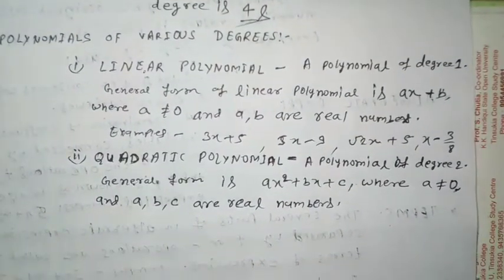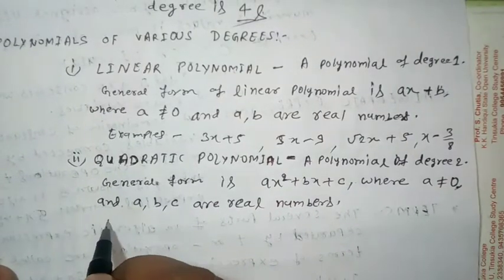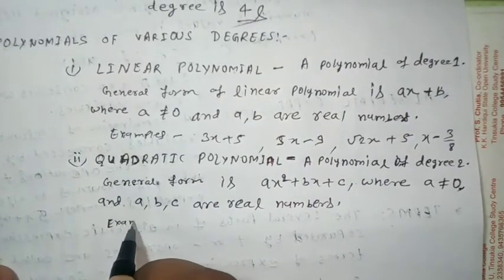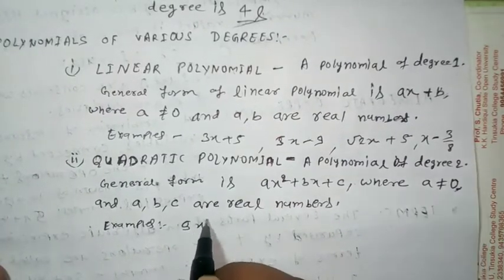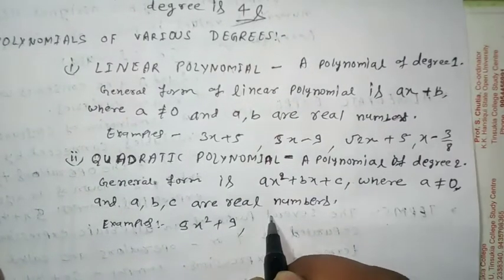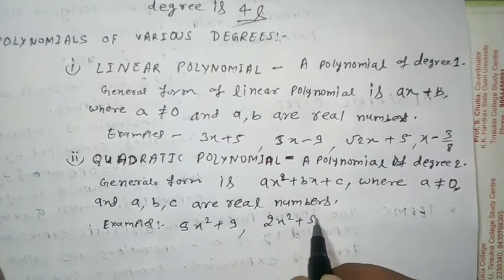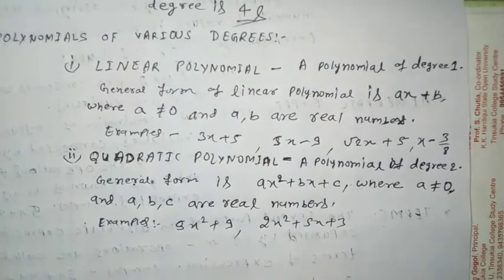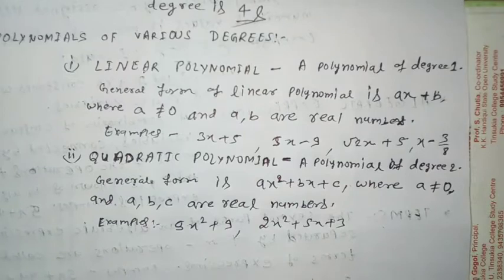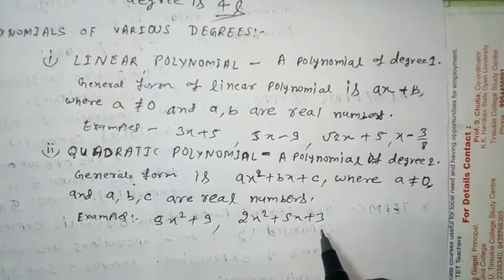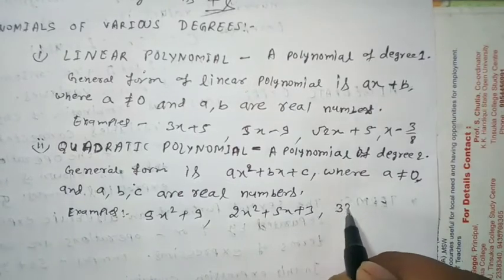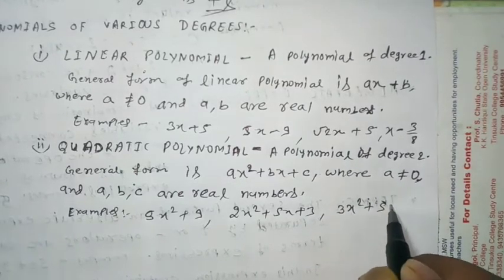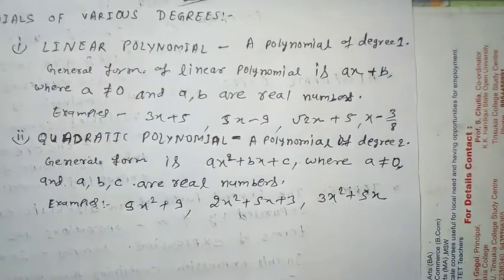For example, 5x square plus 9, 2x square plus 5x plus 3, 3x square plus 5x, etc.